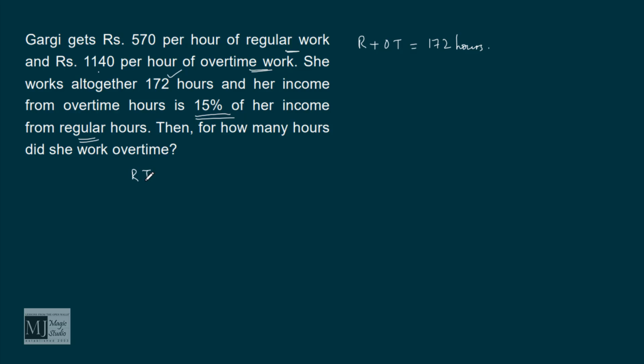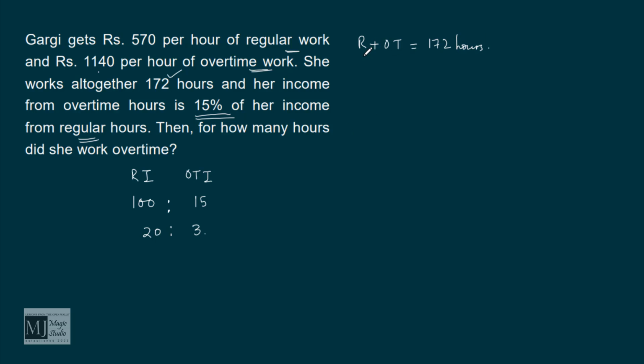Regular income, overtime income. If I say regular income is 100, then overtime income is 15. Then what is the ratio between regular income and overtime income? It would be 20 is to 3. Fine. Now, if I take R as regular hours and OT as overtime hours, the total is 172.